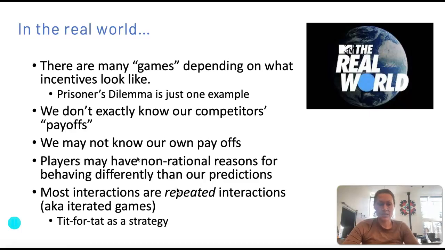My last point is that in the business world, most interactions are repeated interactions. You don't make a decision one day that affects your competitor and then never see that competitor again. You will be making decisions every single day that affects your competitor. This is what game theorists would call an iterated game.